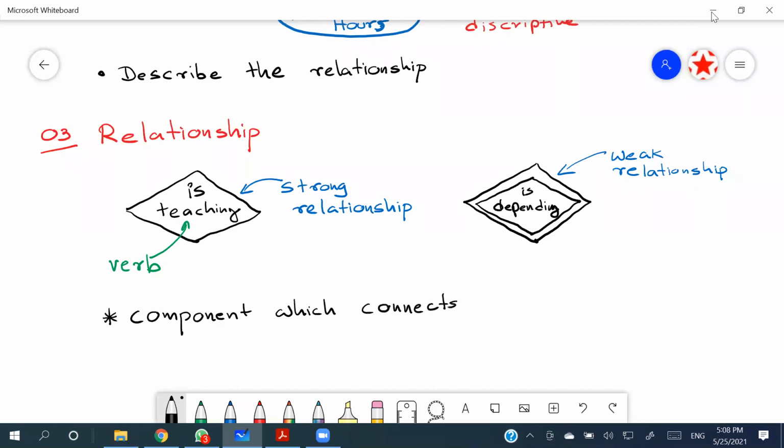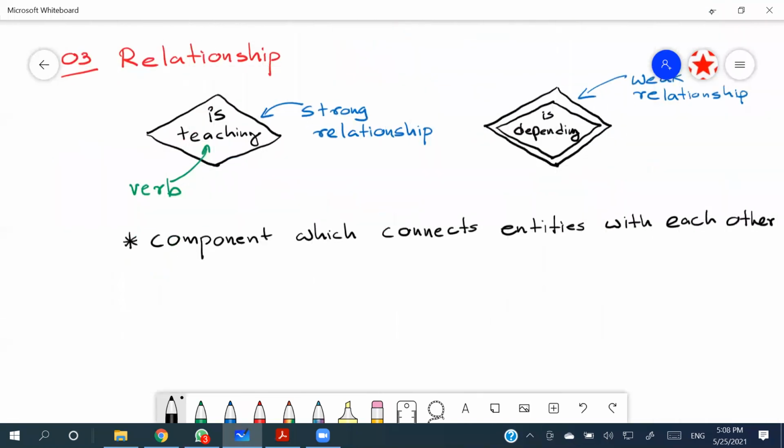When you are connecting the entities, there are several ways that an entity or entities can be connected through a relationship.